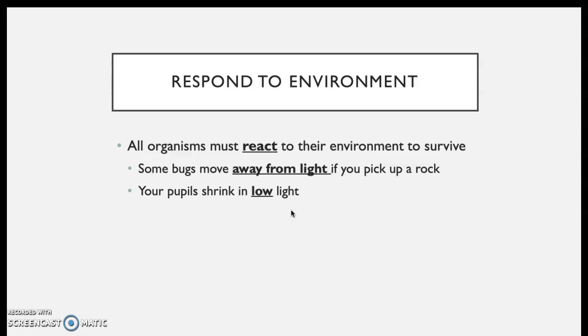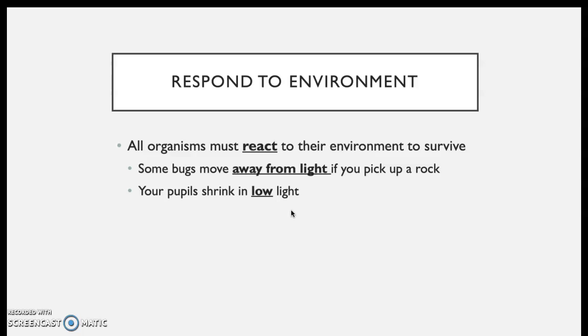Some bugs move away from light if you pick up a rock. That would be like a survival mechanism for them, because usually when other organisms are picking up rocks, light would indicate that they are about to be eaten. So one of their survival mechanisms is to run away from any light source. For humans, one example would be the pupils.